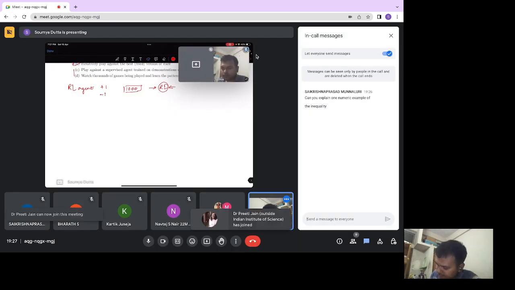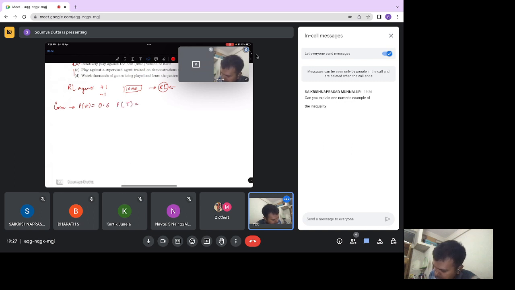So let's say I have a coin, and the probability of heads for that particular coin is 0.6, probability of tails is 0.4. So it's a biased coin, and you will toss this coin multiple times.